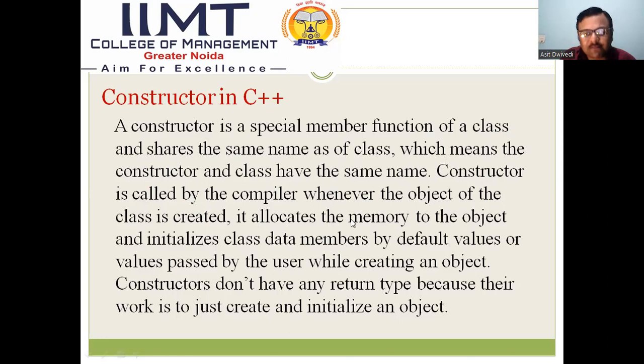It allocates memory to the object and initializes class data members by default values or values passed by the user while creating an object. Constructors don't have any return type because their work is to just create and initialize an object.